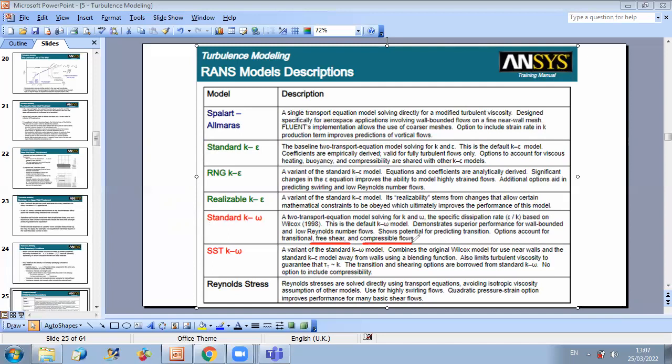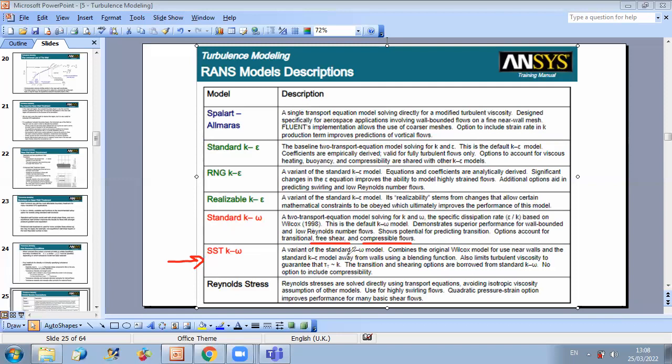Now, as we mentioned, whenever we have in the same problem regions characterized by relatively low Reynolds numbers and other regions with high Reynolds numbers, we can use the SST K omega model, which will implement a function for gradual transition from low Reynolds number to high Reynolds number.